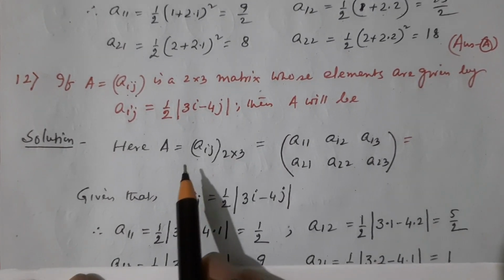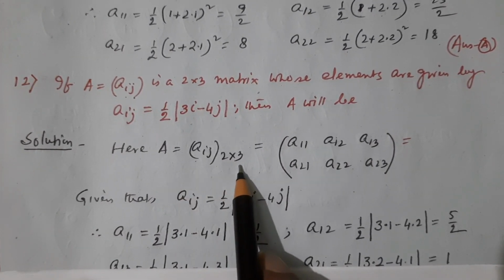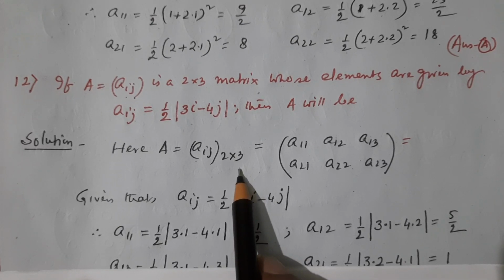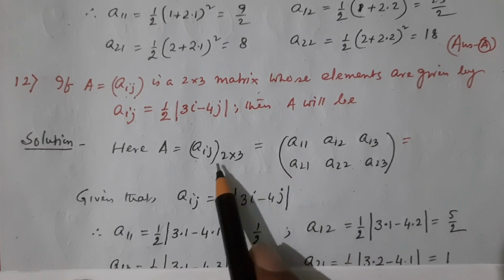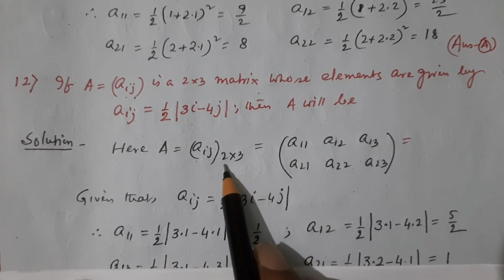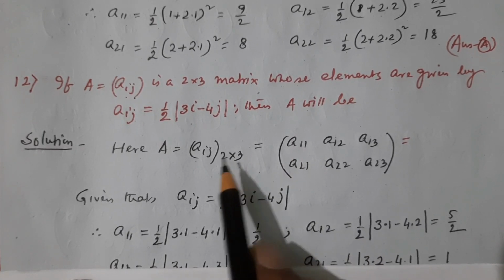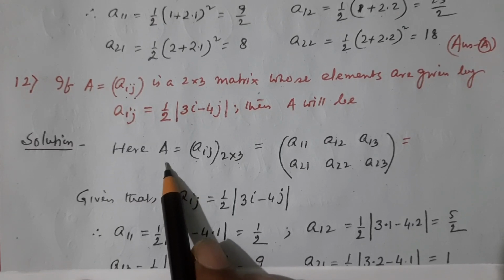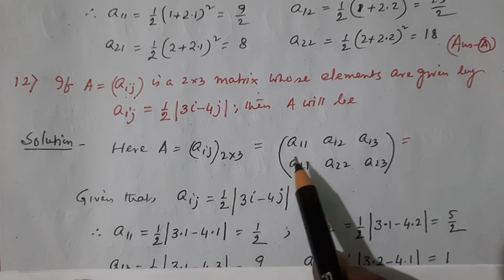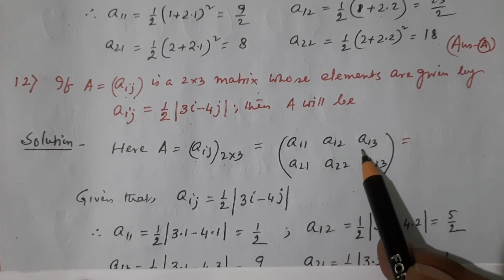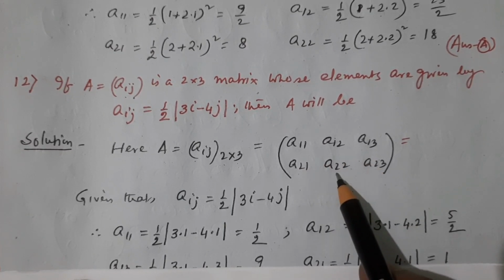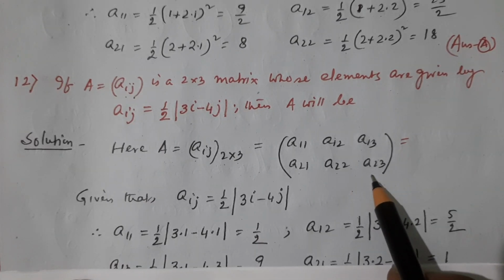Here A equals Aij, a 2 cross 3 matrix. What are the elements of this matrix? First write 2 cross 3, that is 2 rows and 3 columns. The elements of this matrix are A11, A12, A13, A21, A22, A23.